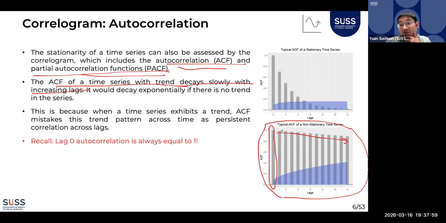And you can see if the time series has trend, the autocorrelation function decreases slowly with increasing lags, because when a time series exhibits a trend, autocorrelation mistakes this trend pattern across time as persistent correlation across lags. So remember these characteristics. For a time series with clear trend, the autocorrelation function will decrease slowly as the lag increases.